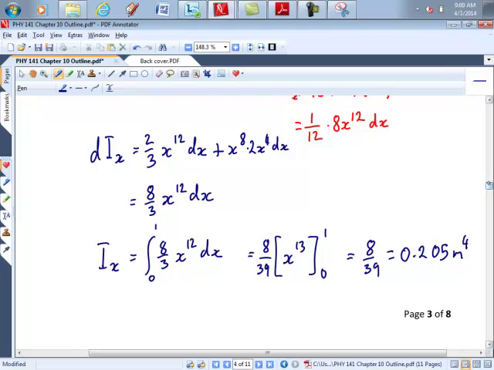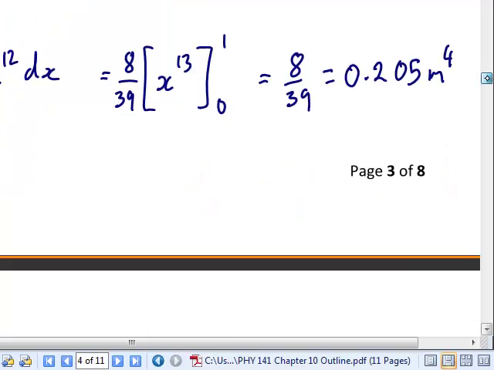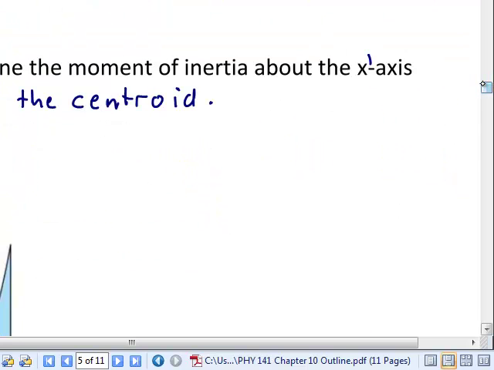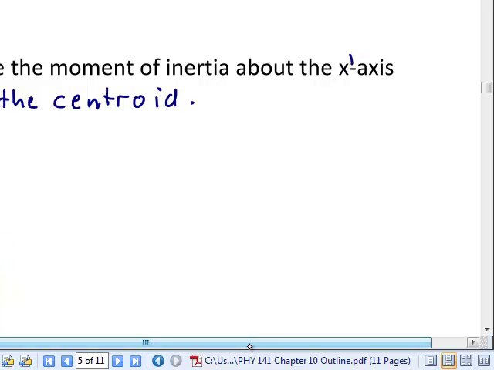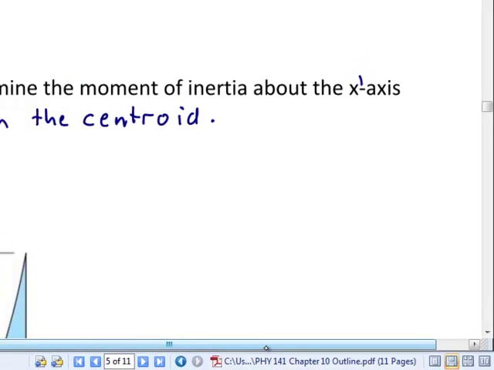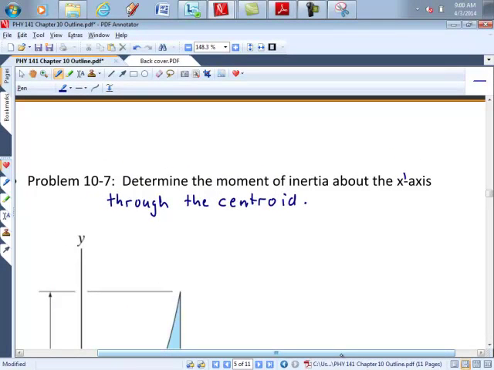Okay, we're going to do one more example with the same shape. This time we're going to determine the moment of inertia about the x prime axis through the centroid. And we could solve that in two different ways, and you can let me know which one you think would be easier. So in either case, we're going to have to find out where the centroid is.